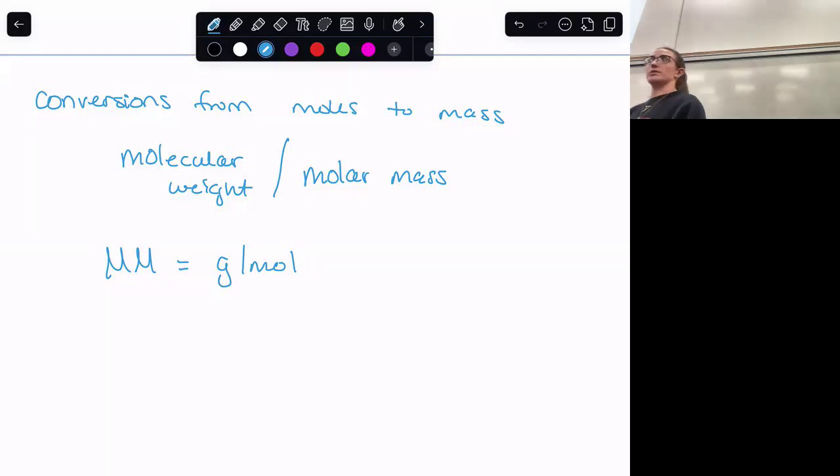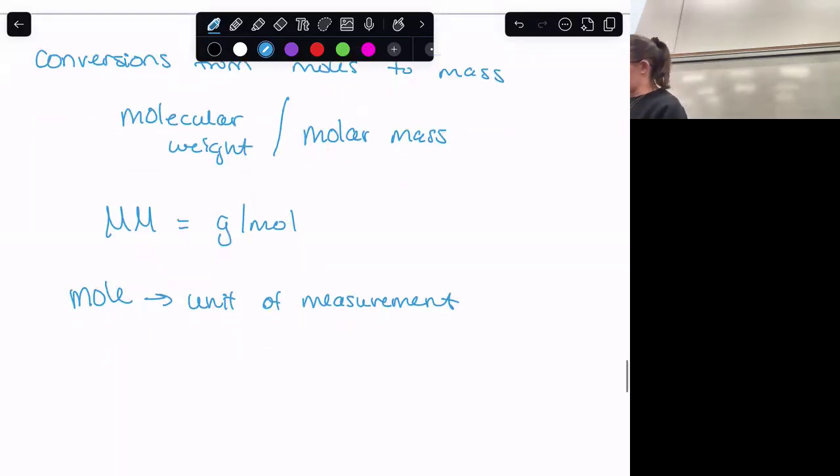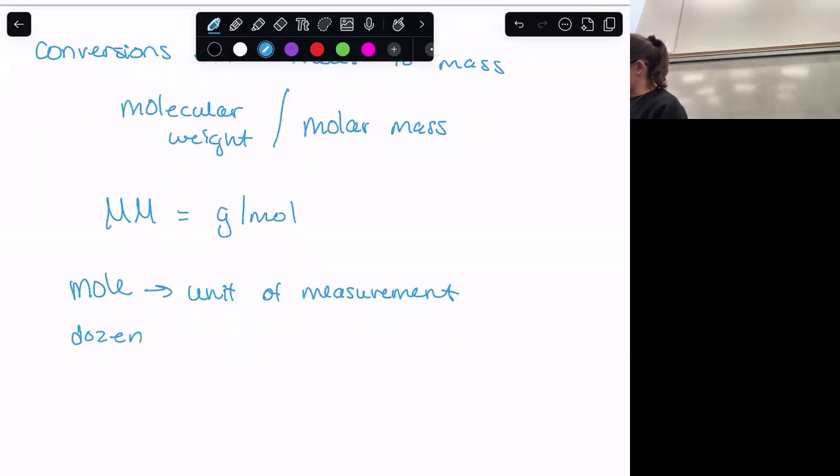What did we say a mole was? What is a mole? This is going to be a unit of measurement. You can consider it kind of like a dozen, right? We said that a dozen is 12.